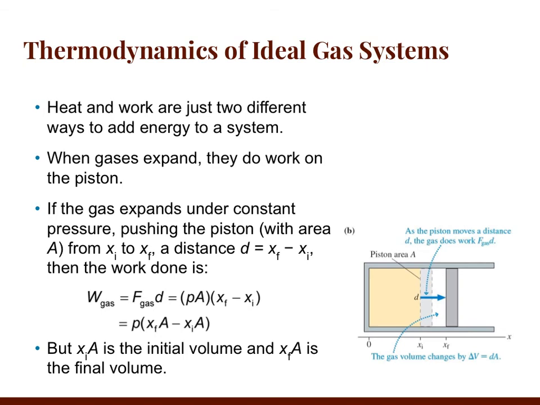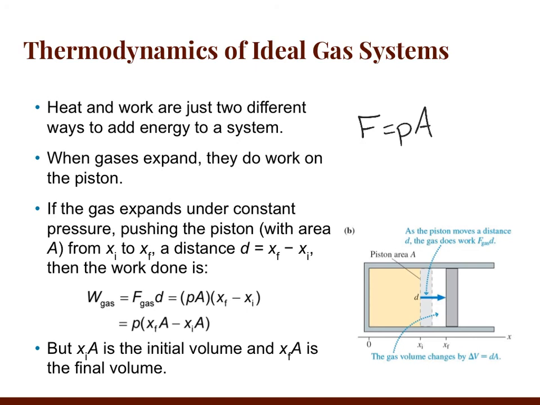So say we've got this gas in here that has a certain pressure, P. We could define the force on the piston plate. The force equals that pressure times the area of the plate.